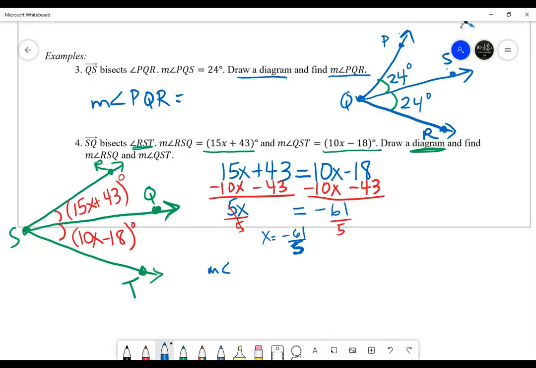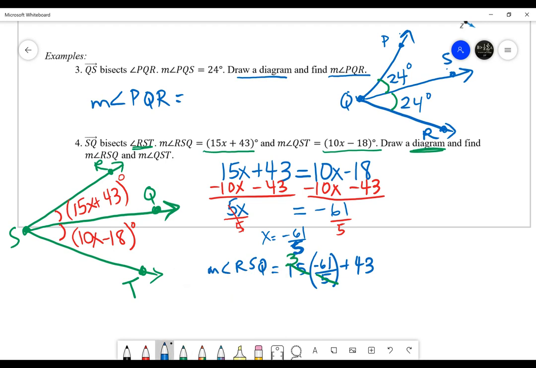So the measure of RSQ is equal to 15 times what we got for x plus 43. So that's 15 times negative 61 over 5. This and this cancel 3.